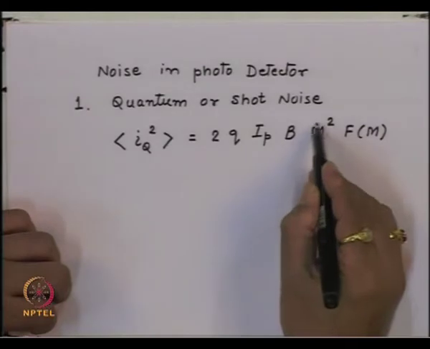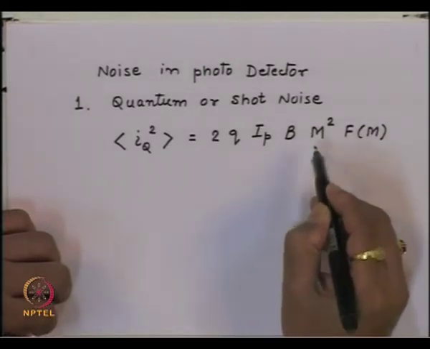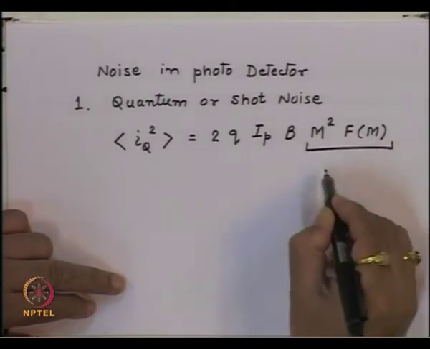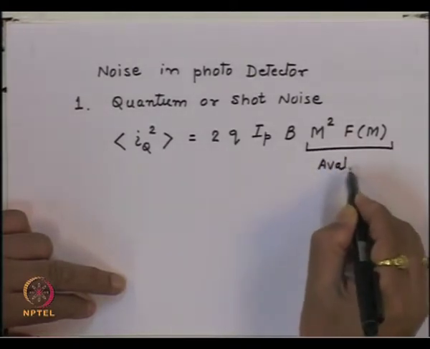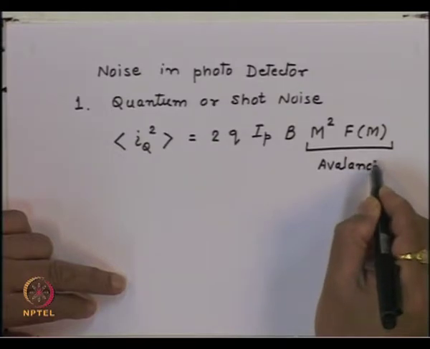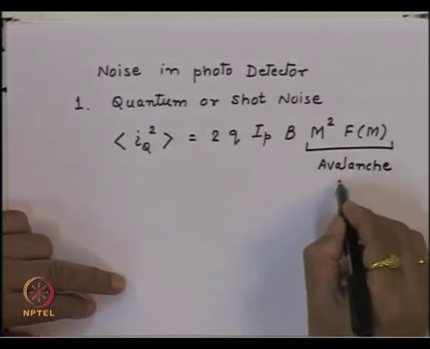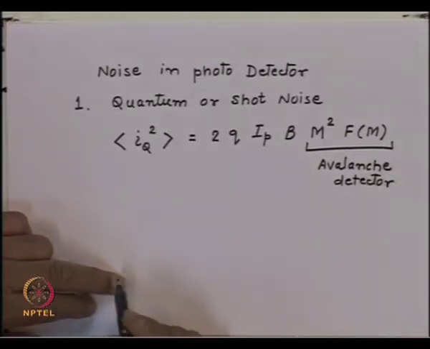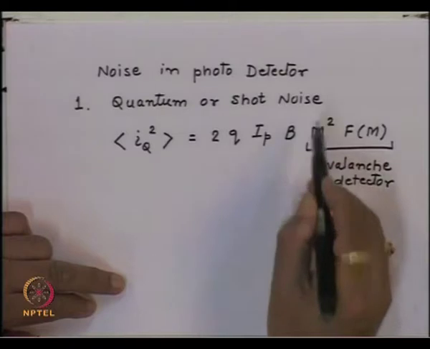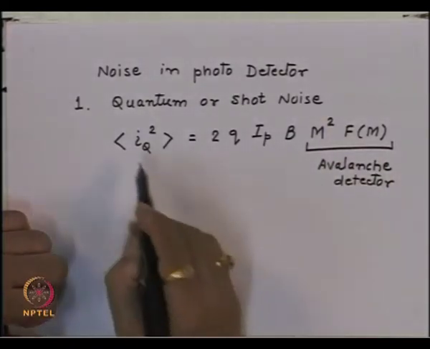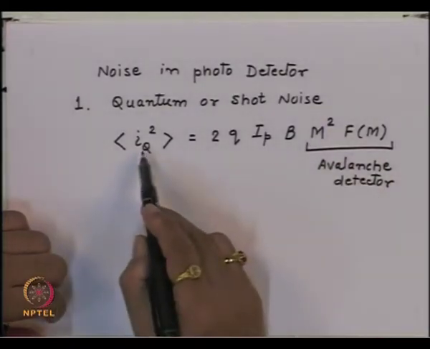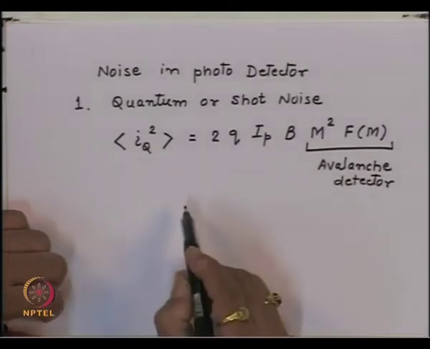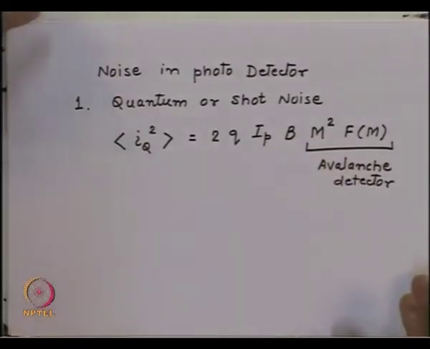And then M is the amplification factor for the avalanche detector. So, these two quantities are for the avalanche detector. For a PIN diode, these quantities are not there. So, for a PIN diode, you have simply the mean square value of the photocurrent, that will be 2 times q times the mean value of the photocurrent multiplied by the bandwidth.